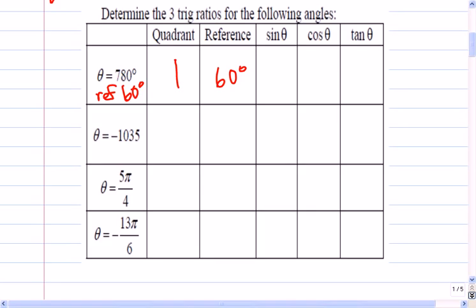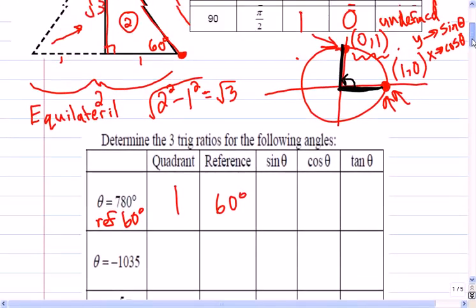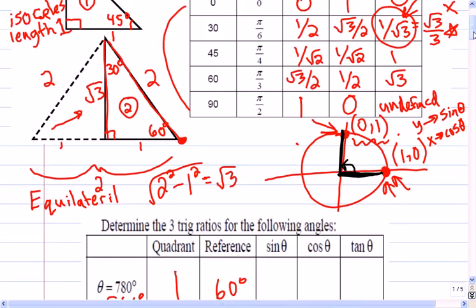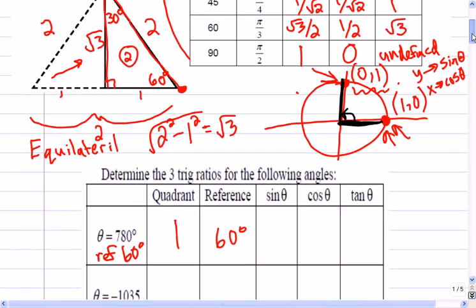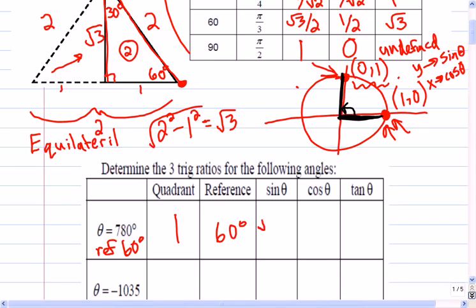So now we go back up to our chart, and we look at 60 degrees, and here are the values I'm going to get for the three trig ratios. They will all be positive. They are root 3 over 2, 1 over 2, and root 3.